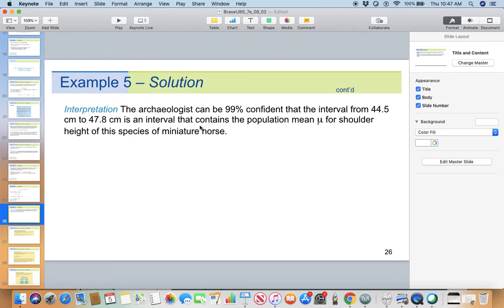So the way we would interpret it is 99% confident that this interval contains this population mean.